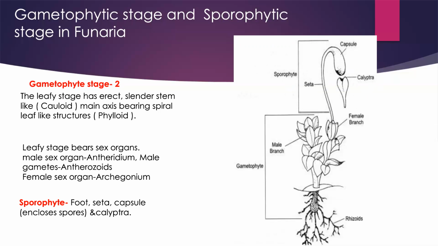The basal part, which is present at the junction of the sporophytic phase and the gametophytic phase, that point of attachment, is called the foot. The sporophyte has an elongated structure, termed the seta, and at the tip of the seta you can see a globose or bulbous structure, which is called the capsule.